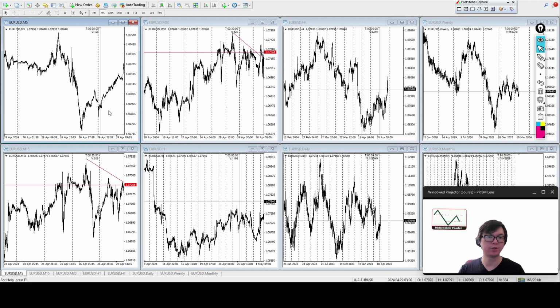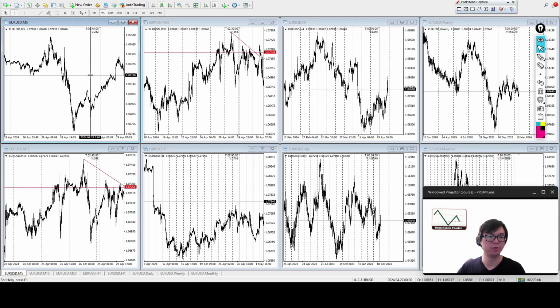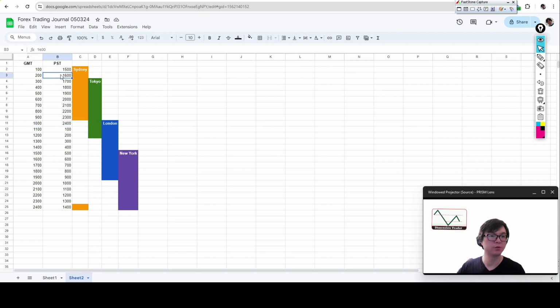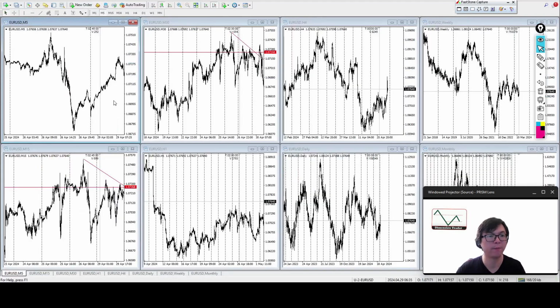So here is Asian section. Asian section open, 00 is when your New York section closes, but the trade opens right around 2:30, 3 o'clock Pacific time, which is right around here. The market opens after the weekend.